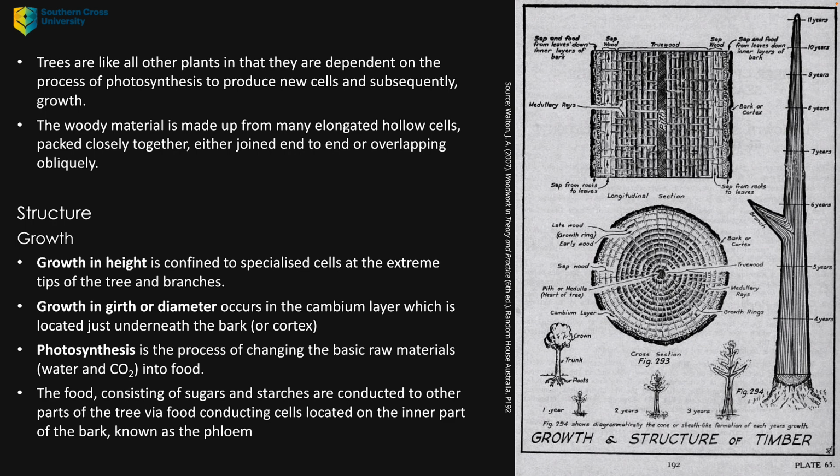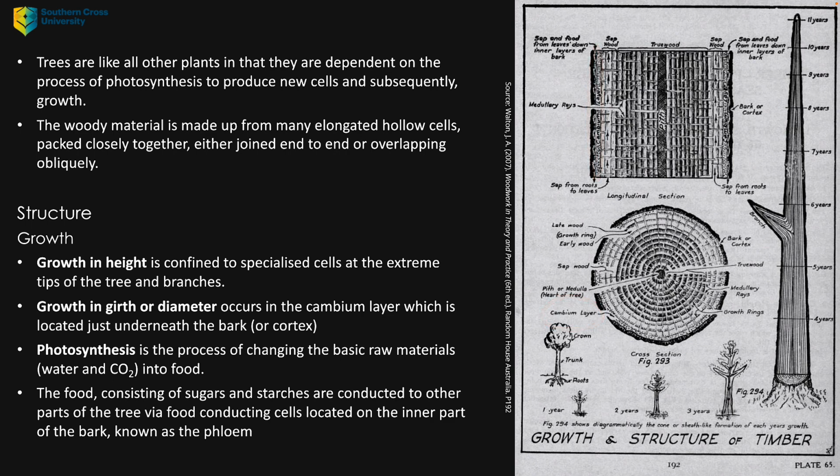So like I said, growth in height is confined to specialised cells at the extreme tips of the tree and branches. Growth in girth or diameter occurs in the cambium layer, which is located just underneath the bark, which is also sometimes called the cortex. Now this is where the structure of the tree develops.